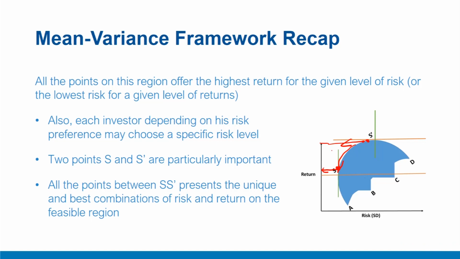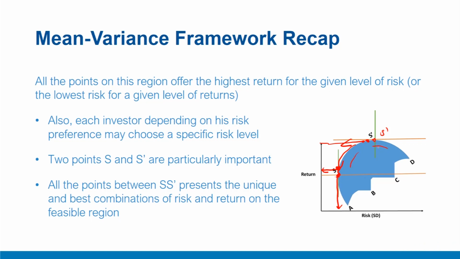In this backdrop, 2 points are very important, one is this S and one is this S dash. This point S offers the lowest amount of risk available across the entire feasible region.